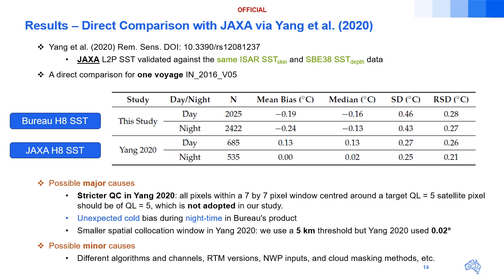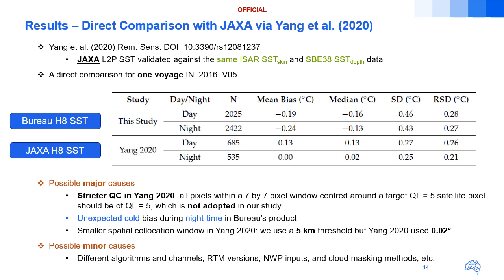But in Yang 2020, they were using the same ISAR SST and SB38 SST datasets to validate the JAXA level 2 products. And they performed a case study using just one voyage in 2016 to make the comparison as direct as possible.